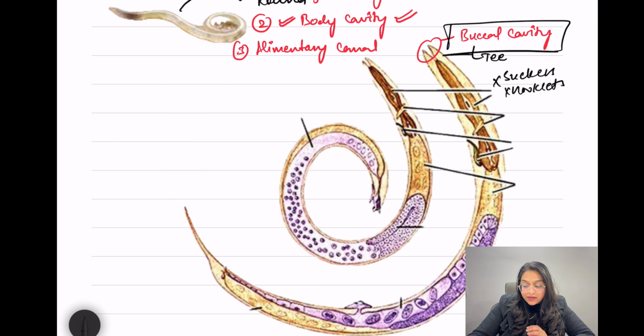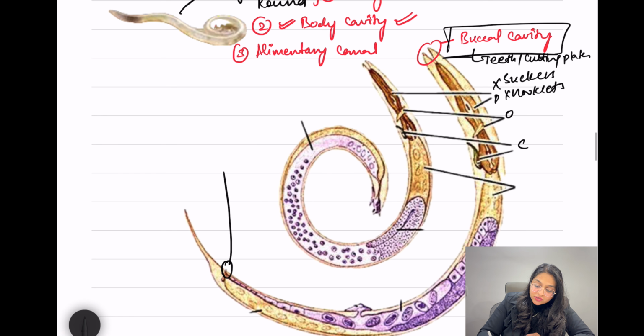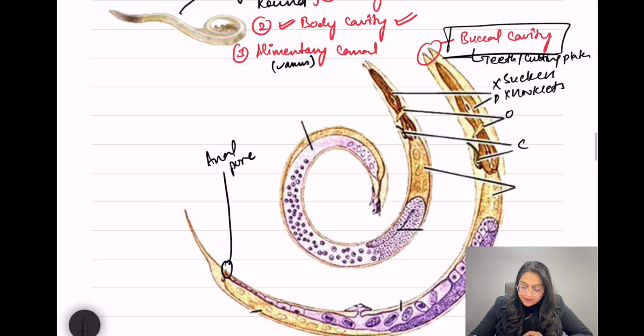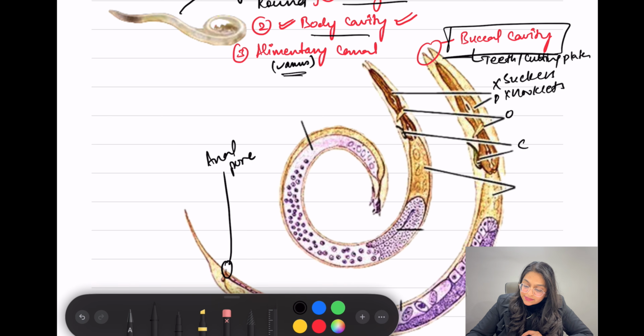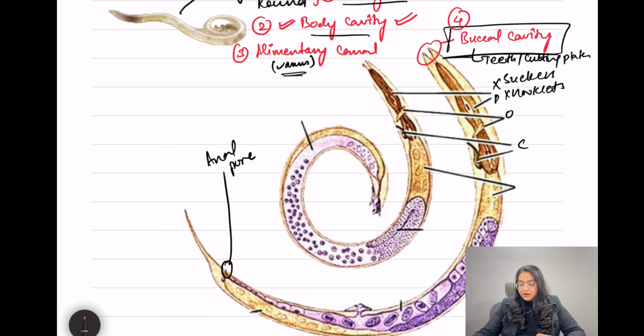Some also have cutting plates or teeth-like structures. I can see a pharynx, I can see an esophagus, and I can see a cecum also. And here, what is this? This is the anal pore. So anus is present. So this has a complete alimentary canal. Point 1, unsegmented. Point 2, body cavity is present. Point 3, alimentary canal is present. And point number 4, there is a buccal cavity, no suckers and hooklets.